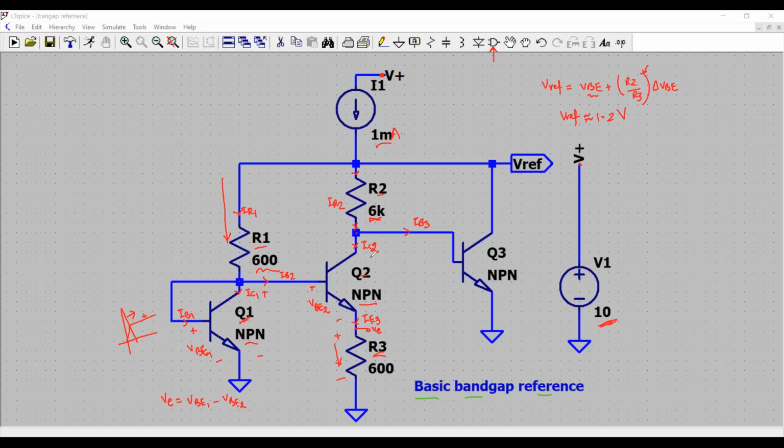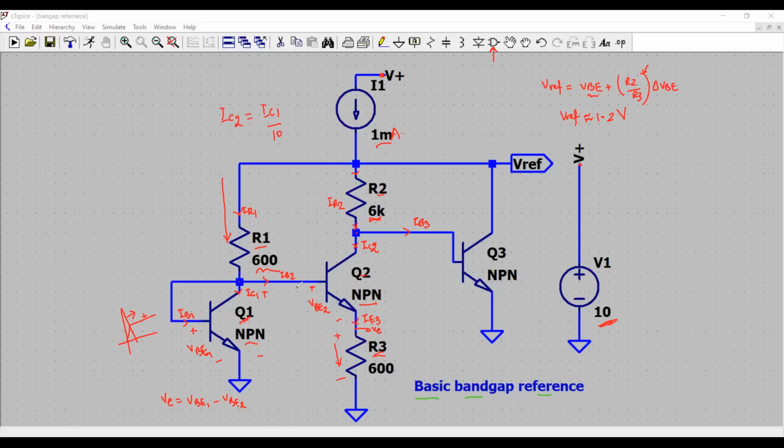So my current in transistor Q2 will be 10 times smaller than the collector current of transistor Q1. So I write here IC2 will be equal to IC1 divided by 10. That's how, by a factor of 10, my current in transistor Q2 got reduced.